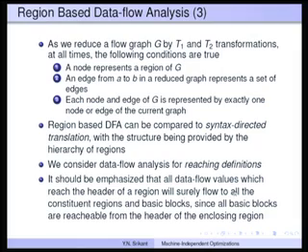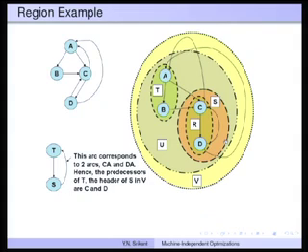It should be emphasized that all data flow values which reach the header of a region will surely flow to all the constituent regions and basic blocks, since all basic blocks are reachable from the header of the enclosing region. So, what we are trying to say here is, in each region there is full connectivity.